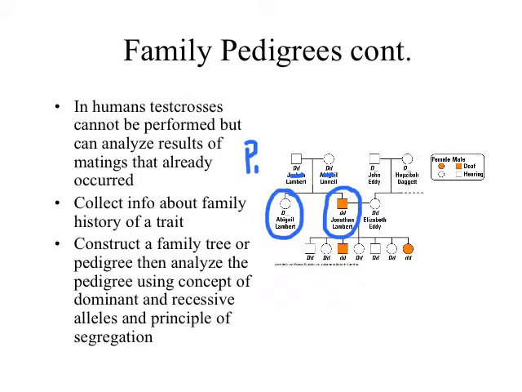Now, Jonathan, the deaf guy, is going to mate with a hearing lady, and we're not sure whether she carries a recessive gene or not, right? It's kind of like playing the slot machines in Vegas. We're going to have to figure that out by looking at their offspring. If she marries a deaf guy, it just depends on her genotype, and she's not sure whether she's going to have deaf children or not.